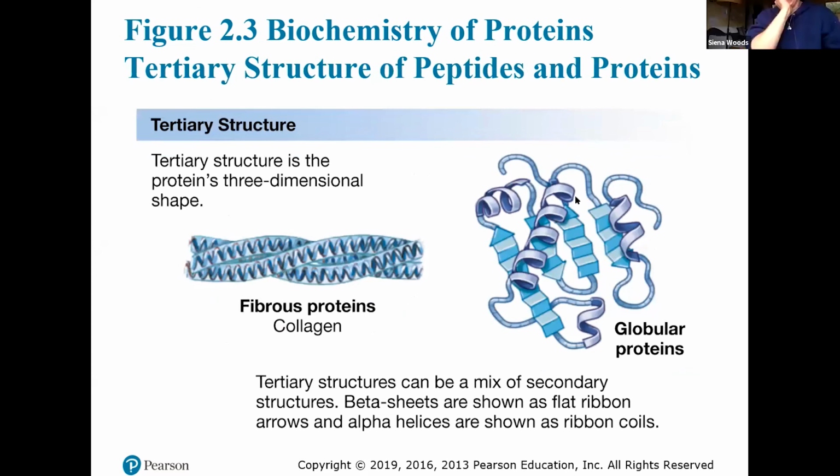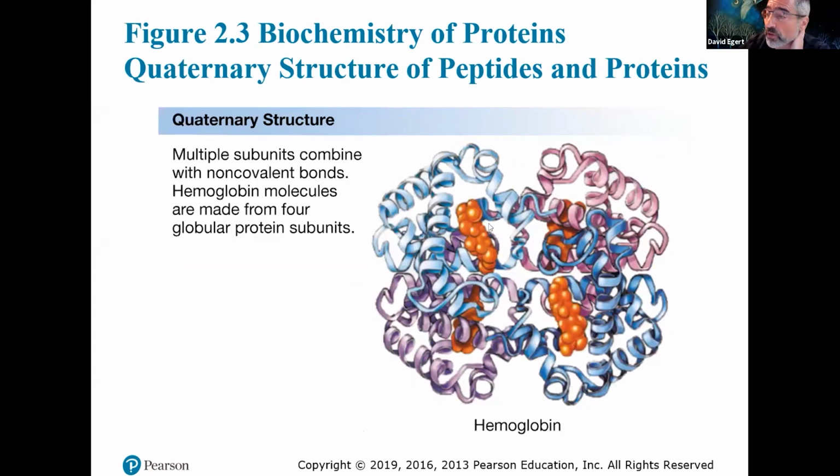Tertiary structure is where you start getting much more elaborate folding, usually due to hydrophobic, hydrophilic interactions, as well as other things going on. And again, many proteins are done at this point. But then we do have examples that I just mentioned where you have the quaternary structure, where you need two or more of these third order subunits to make the functional protein.